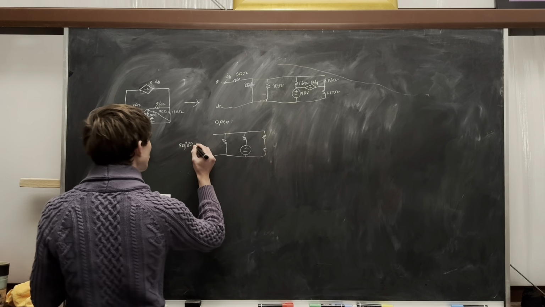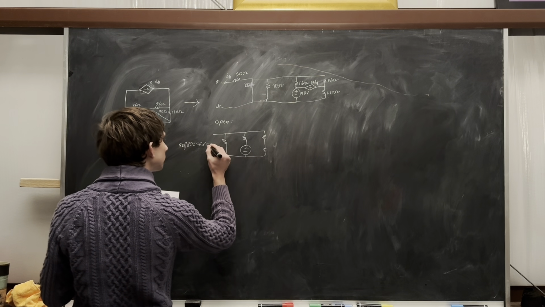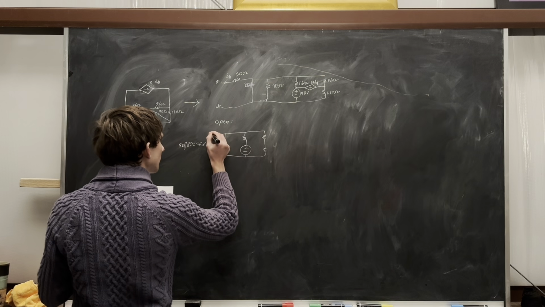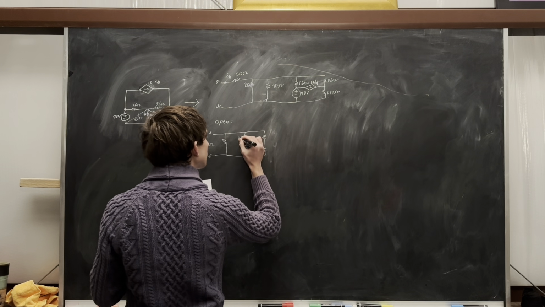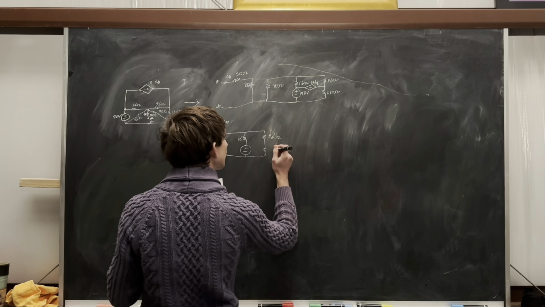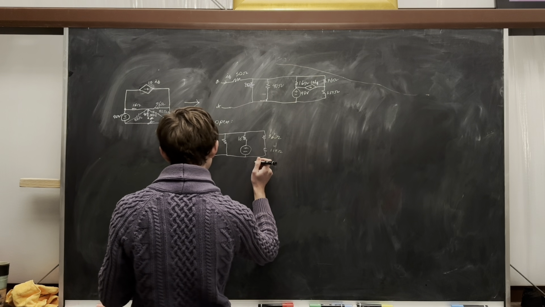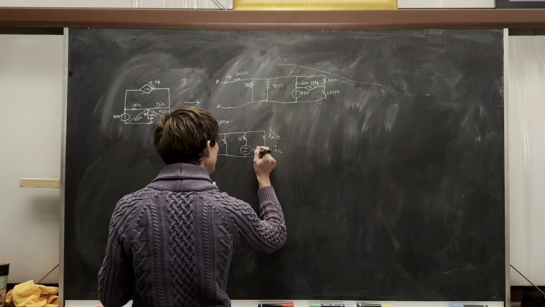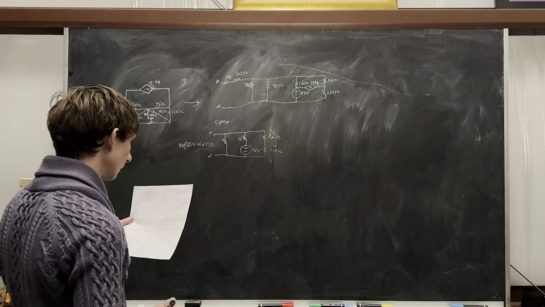That is 26.67. This is still A and this is still B. This is still 16, 96, 114 ohms. And this is 40 ohms. So let's see.